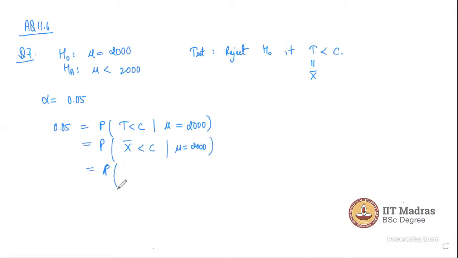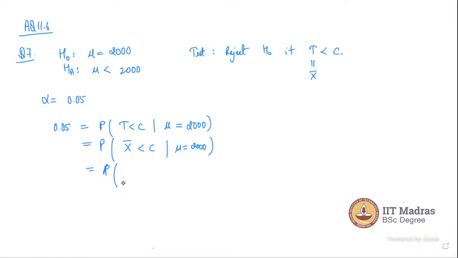Now we have to convert this X bar to the normal Z 0,1 form. Do we have the standard deviation given here? We don't have that information, but we have the data, and from there we know the sample standard deviation is S equals 120.18.